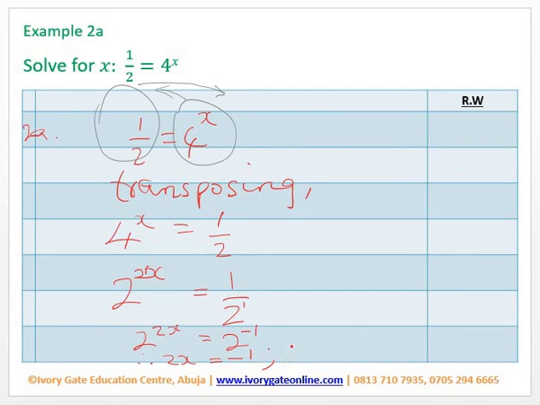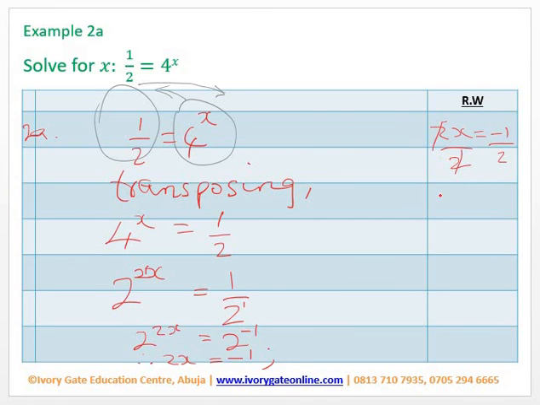Then if 2x is equal to minus 1, if we do the rough work here, 2x is minus 1. For us to make x to stand alone, we need to divide through by 2. So we have divided by 2, divided by 2.